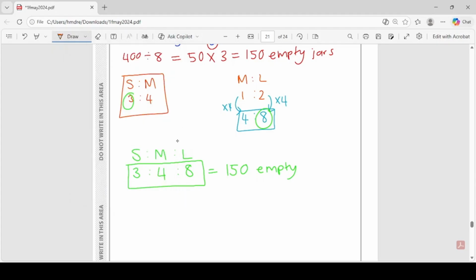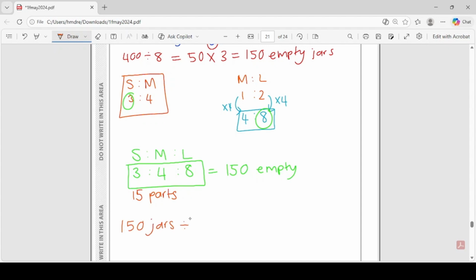So this total here is 3 and 4 is 7, 7 and 8 is 15. So I've got 15 parts here. So then what you do is 150 jars divided by 15 parts. So 150 divided by 15, it's going to be 10.